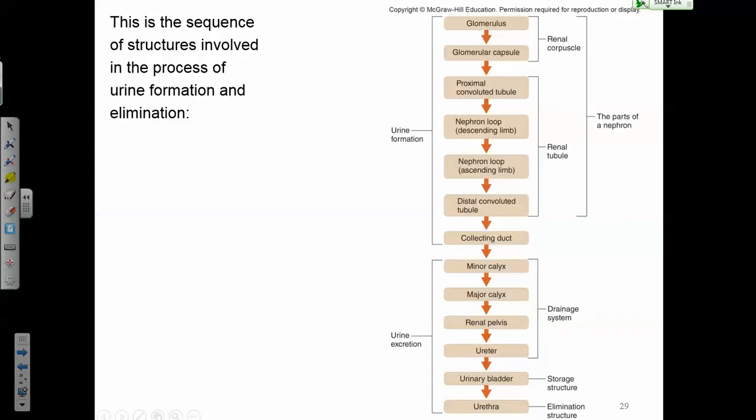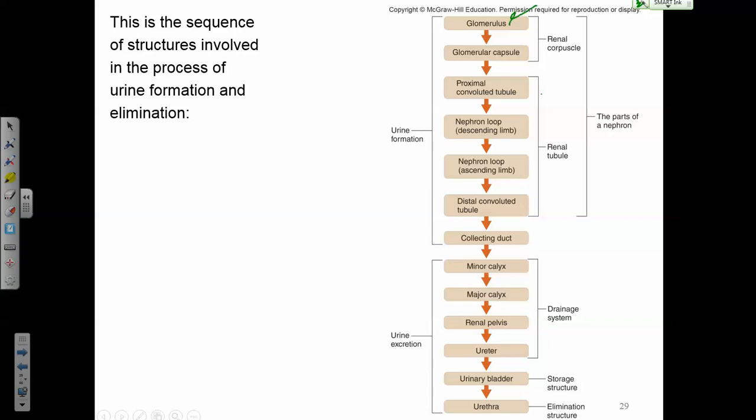All right, now this is a further flow chart, and as everything moves, it starts off in the blood. This is for urine, where urine comes from.